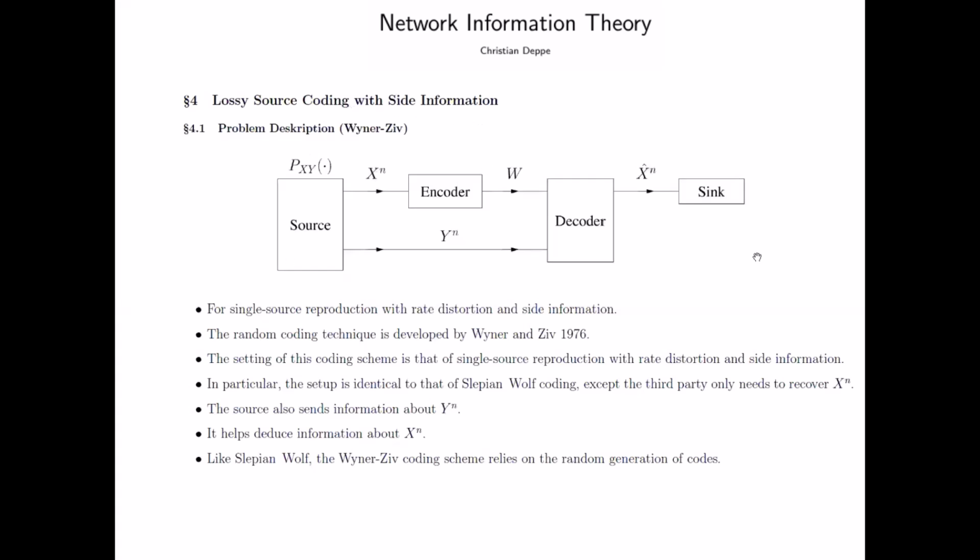We look at this model here. So we have a source, like in distributed source coding, that produces two sequences, X^n and Y^n.